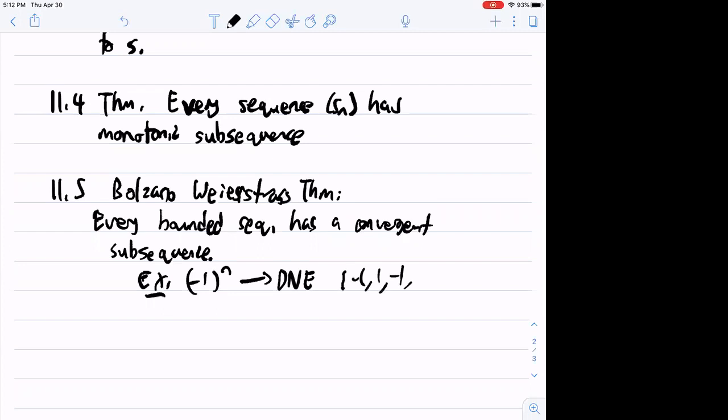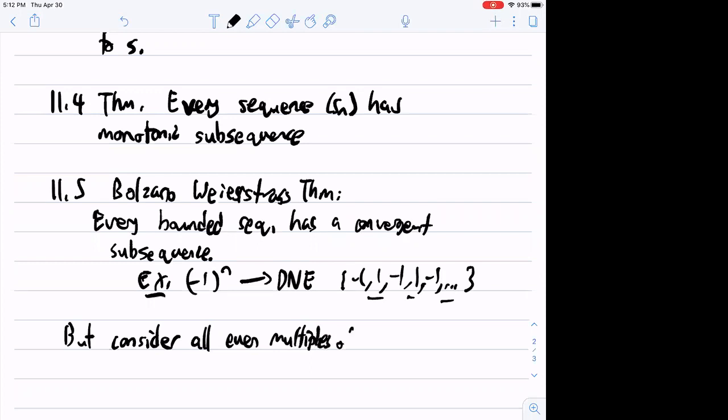Because here, this sequence is bounded. So this theorem says there's a convergent subsequence, and we can certainly find one, right? We take all the even terms. So consider all even multiples, n equals 2k, k in Z. Then we just get the sequence of ones, right?